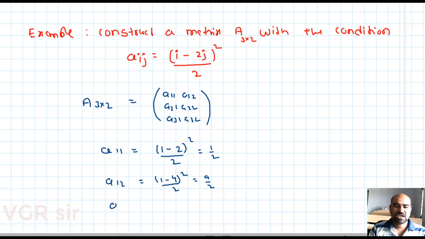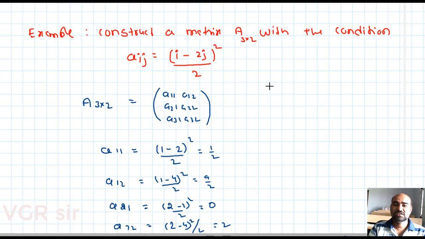Next A21: i is 2, j is 1: (2 minus 2) whole square by 2, directly 0. Next A22: i is 2, j is 2, that is (2 minus 4) whole square by 2, which is 4 by 2, 2.